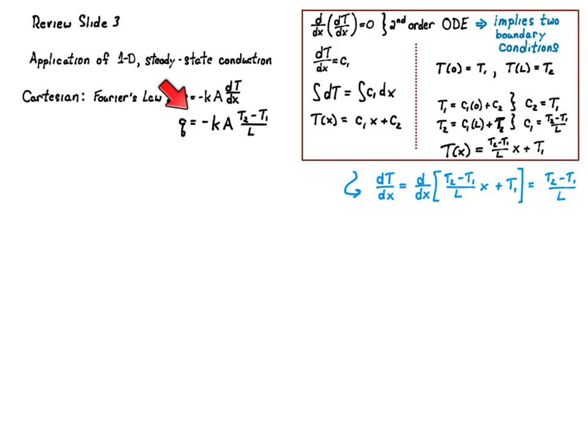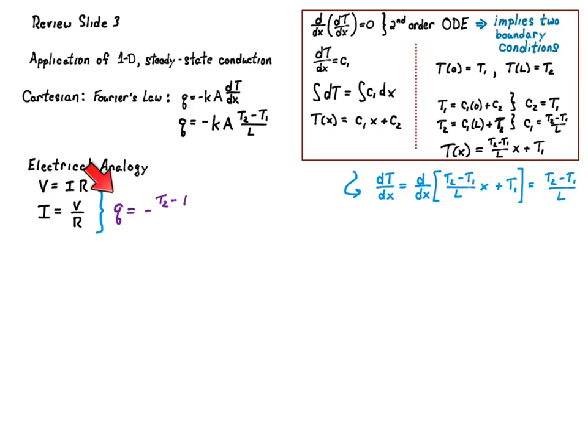So Fourier's law for this particular 1D steady state conduction in Cartesian form equals minus kA (T2 minus T1) over L. And again, remember that T1 is at x equaling 0 and T2 is at x equaling L. We also want to talk about the particular form that we're going to end up with, where we utilize the concept of thermal resistance, and the way we get there is from an electrical analogy. Voltage equals current times resistance, or for our case, current equals voltage over resistance.